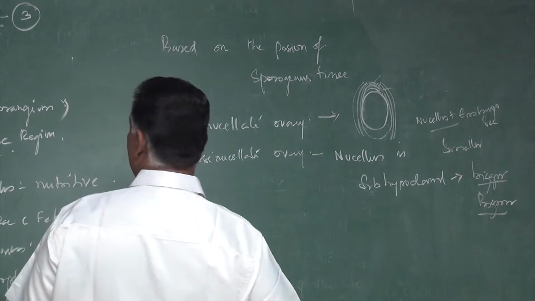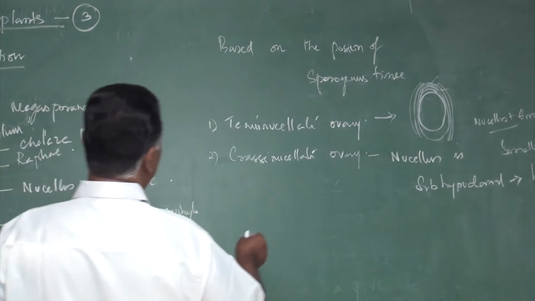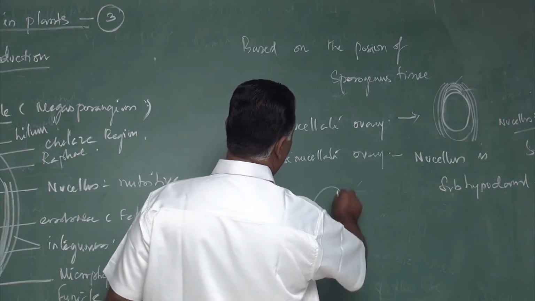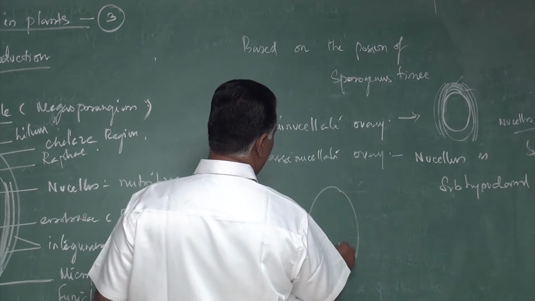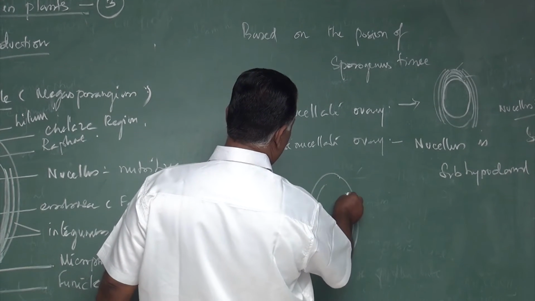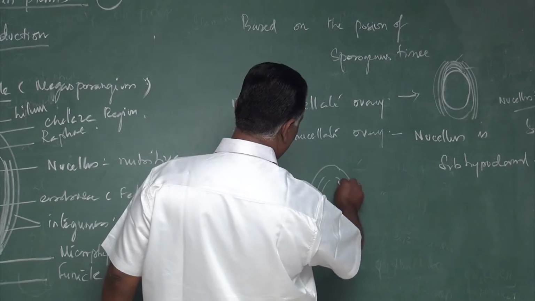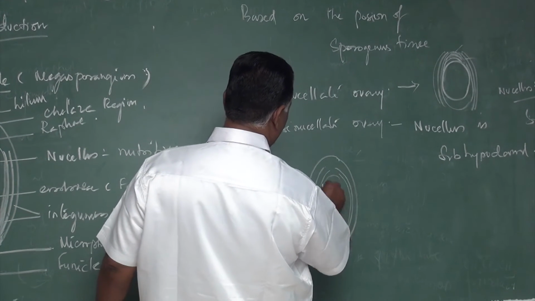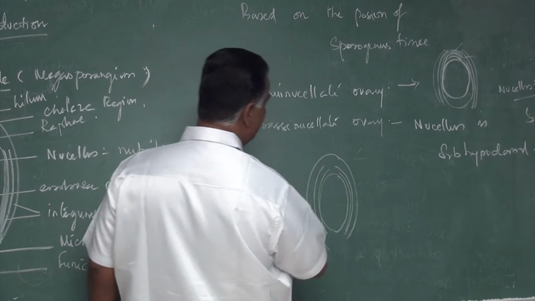The next is the tissue. Let's come here. If you take the ovule like this, integuments, and here is the nucellus.